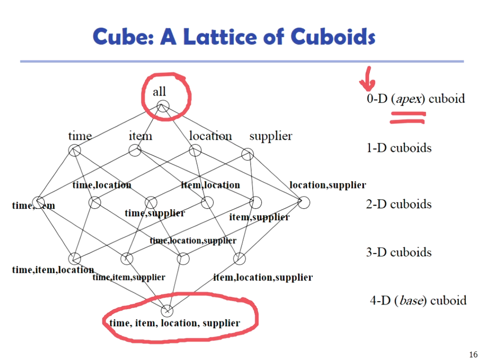And when we have all the dimensions here, 4 is n dimensions, in this case we will talk about base cuboid. So apex cuboid means 0 dimension, and base cuboid means 4 dimensions, n dimensions in general. Is it clear?